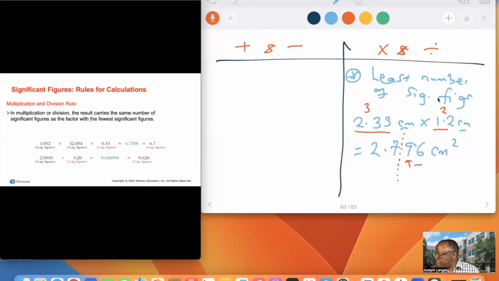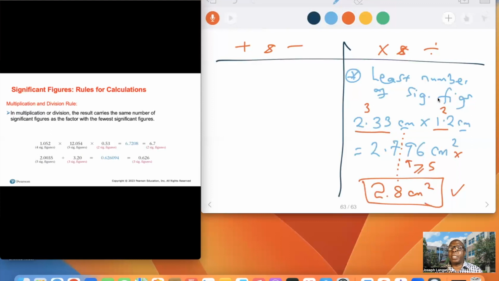It's greater or equal to 5. We increase the preceding number by 1, and this will be 2.8 centimeters square. This is the correct answer. Please do not think that it's going to be 2.796 centimeters square.